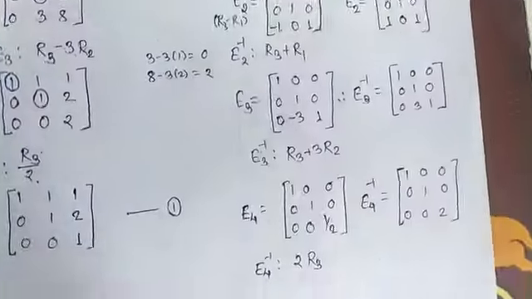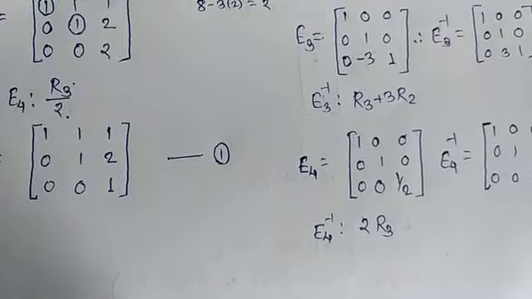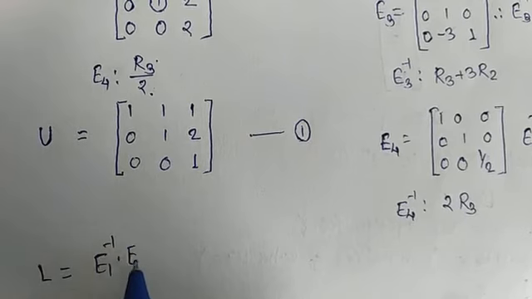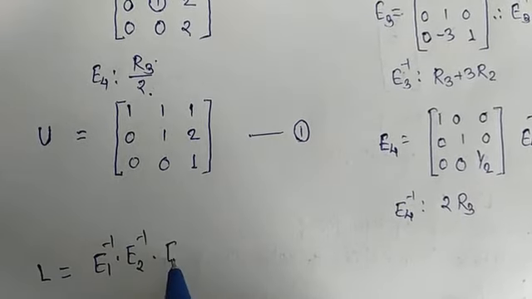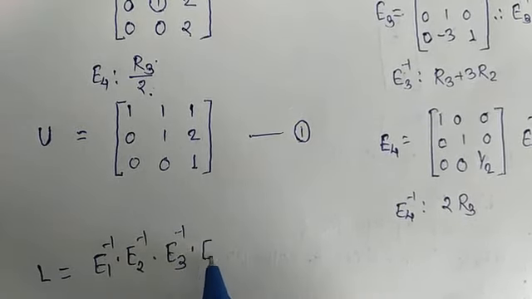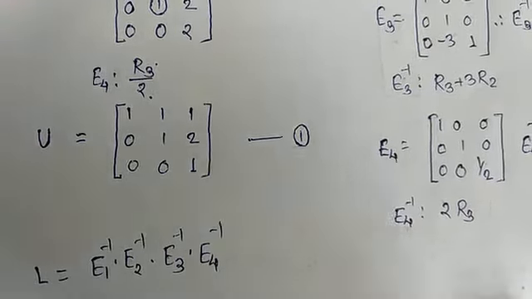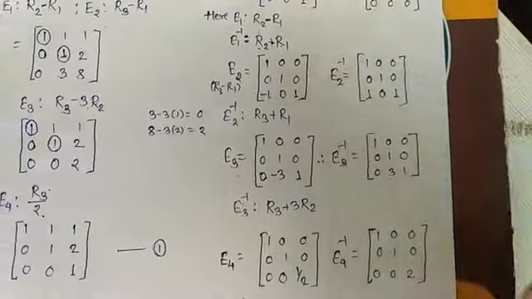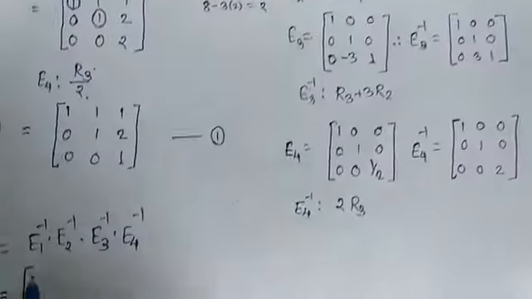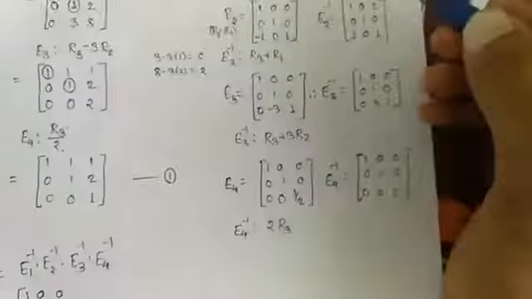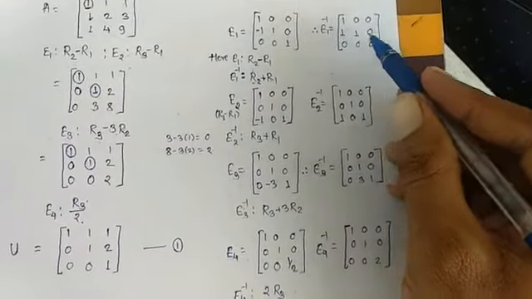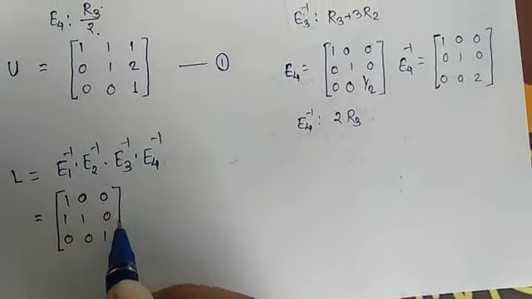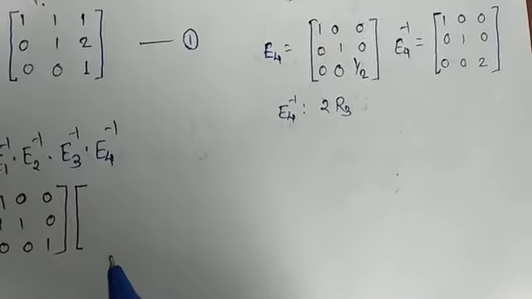Now L is equal to E1 inverse multiplied by E2 inverse multiplied by E3 inverse multiplied by E4 inverse. Okay, so here E1 inverse is a matrix 1 0 0, 1 1 0, and last row as it is 0 0 1, into E2 matrix.